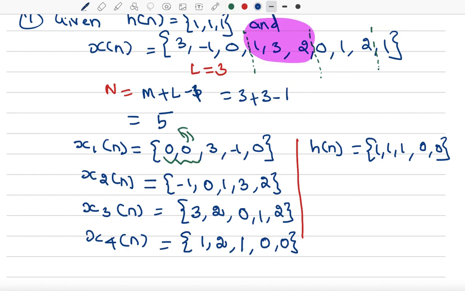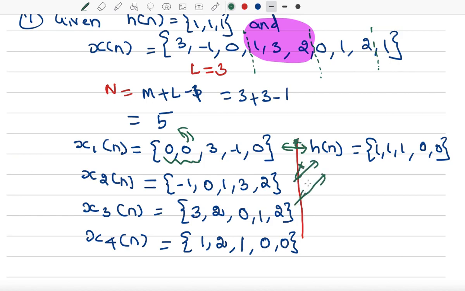Okay, now we are going to apply convolution. We can perform convolution between x1 of n and h of n, and then x2 of n and h of n.